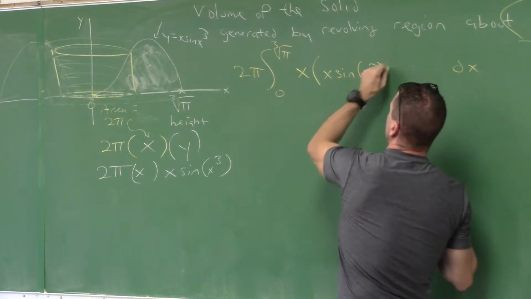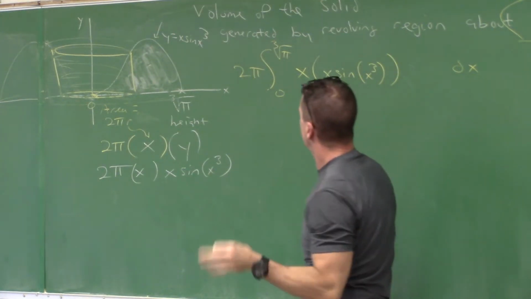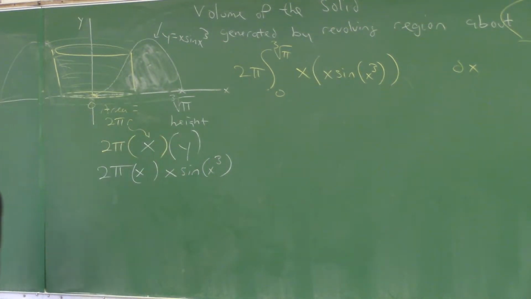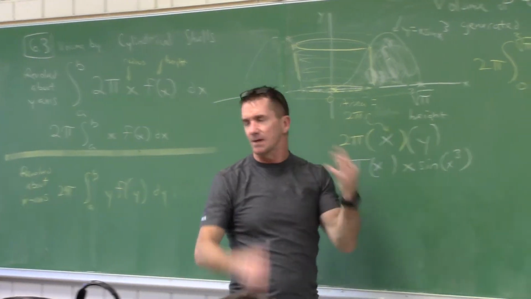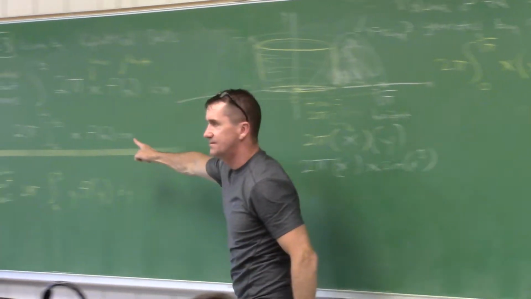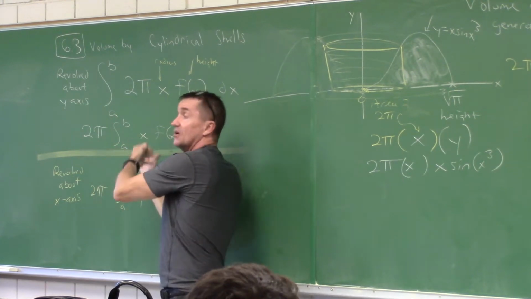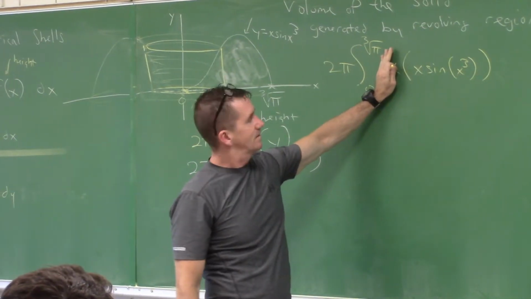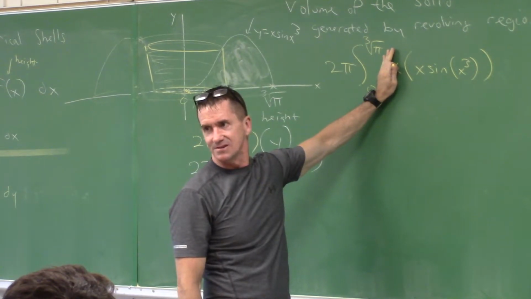Hey, be careful, this is just a warning. I've seen students do this on tests over the years. They're about to work the problem, and for some reason it slips their mind, they forget to put this x here. Isn't this automatic? They just think, oh, integral of f of x. If you did that, you'd be looking at this going, I don't have an integral technique to do this.